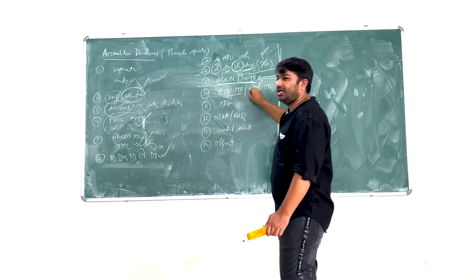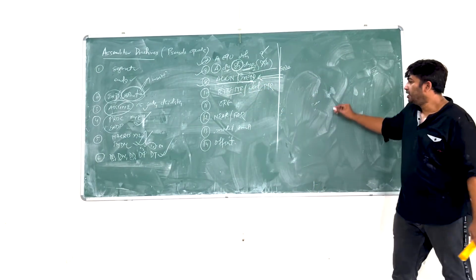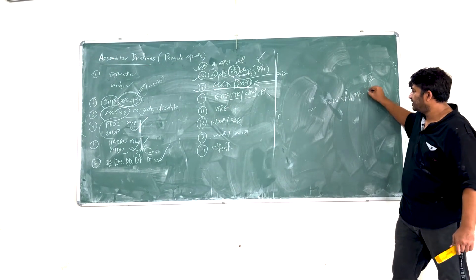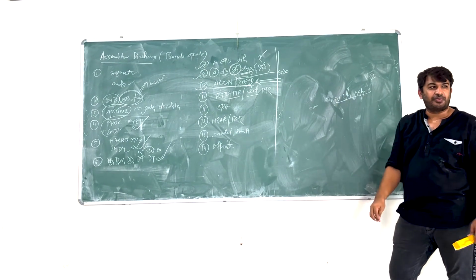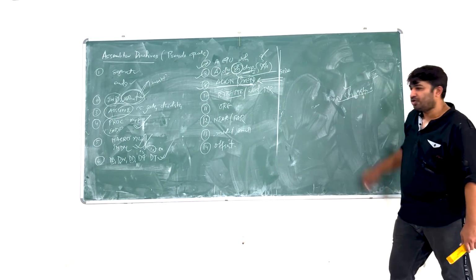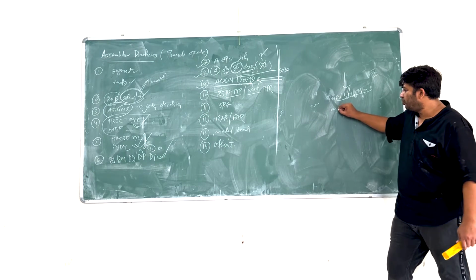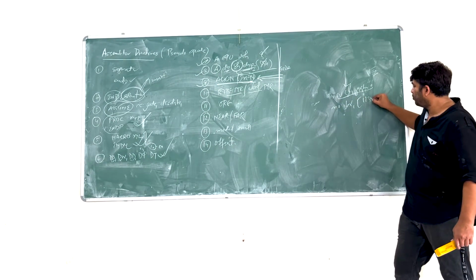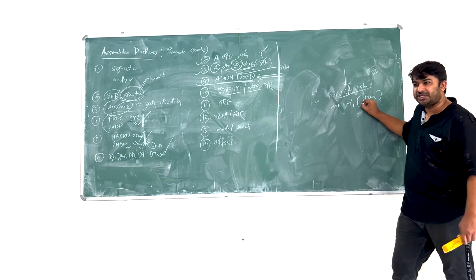Next is BYTE PTR, WORD PTR. Concentrate here. MOV AH, 99H. Is this an 8-bit operation or a 16-bit operation? How can you say that? Because of AH. MOV DX, [1234H]. 16-bit or 8-bit operation?